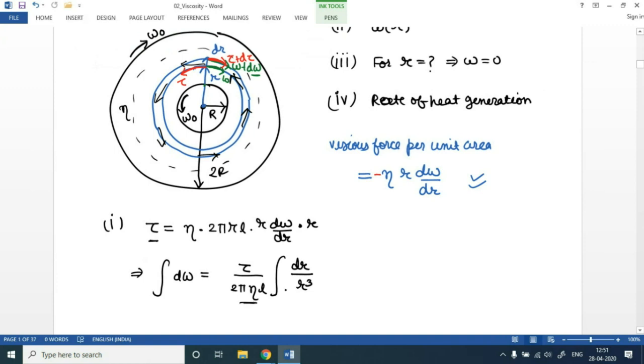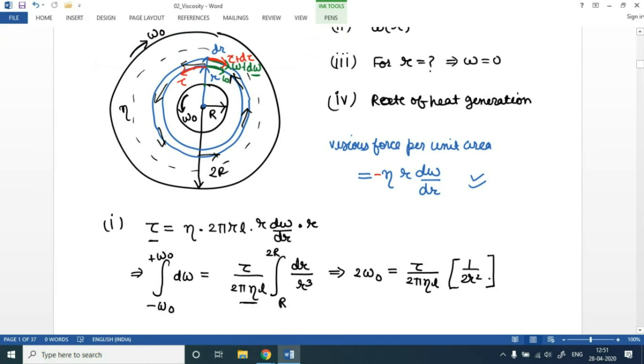And we must realize at r is equal to capital R, the value of omega is nothing but minus omega naught, and at r equal to 2R, the value of omega is nothing but plus omega naught over here. So solving this, the left hand side will turn out to be 2 omega naught, and the right hand side would be tau divided by 2 pi eta L times 1 by 2r square minus 1 by 2r square, which would be the integration.